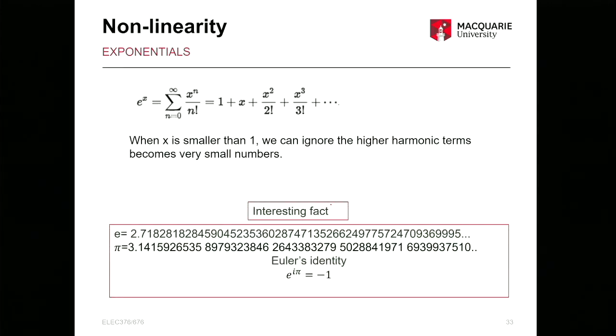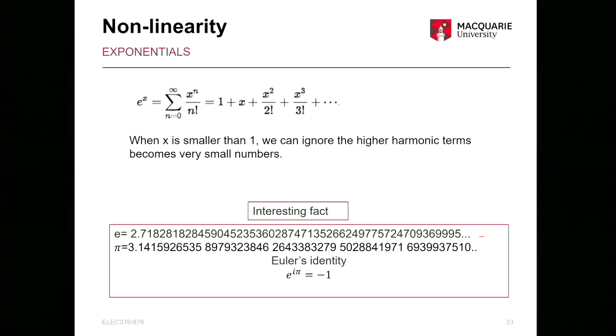Just want to mention Euler's identity. It's quite a beautiful formula in maths. So e power i pi is equal to -1. So e is an irrational number, never ending, never repeating, keeps on going up to infinity. And pi is another irrational number, does not repeat, does not end, keeps going.